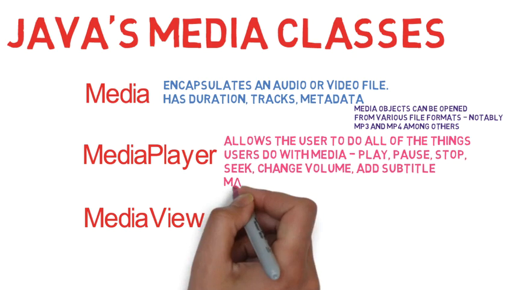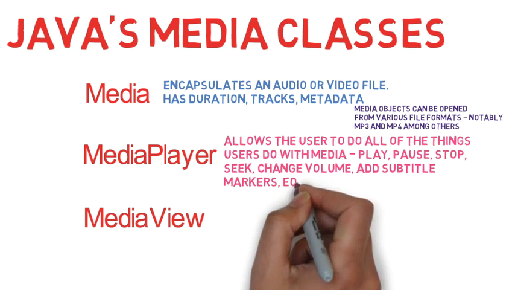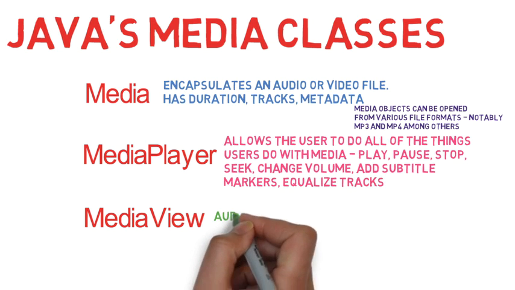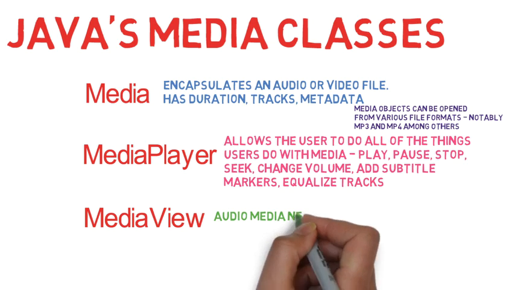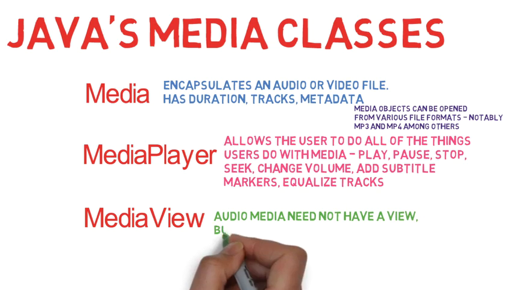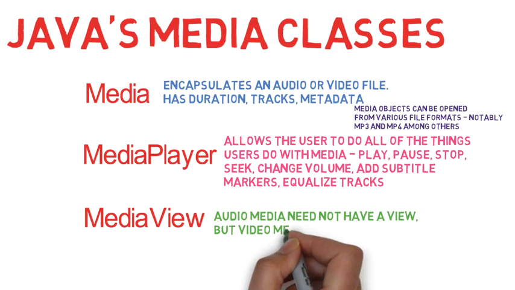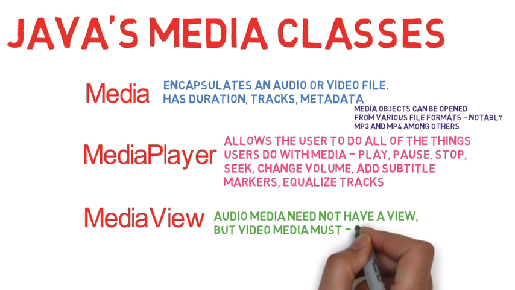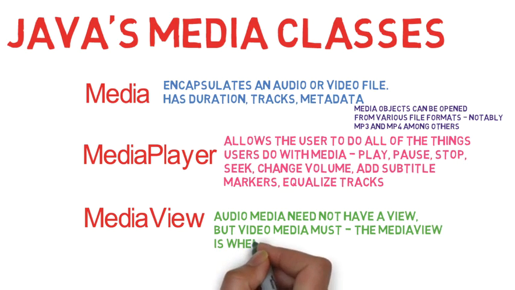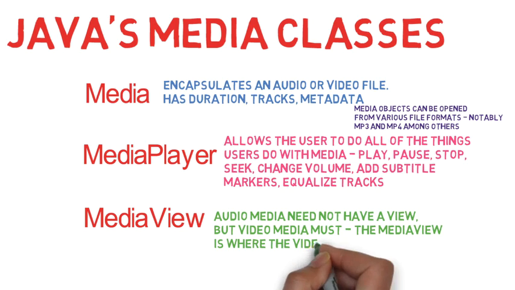These are examples of all the actions that you can perform on the media player, and these kind of translate to the events that are sent within the media player. The media view finally is what is displayed. Audio media doesn't really need a view, but video media does. The media view is where the video actually appears on screen.